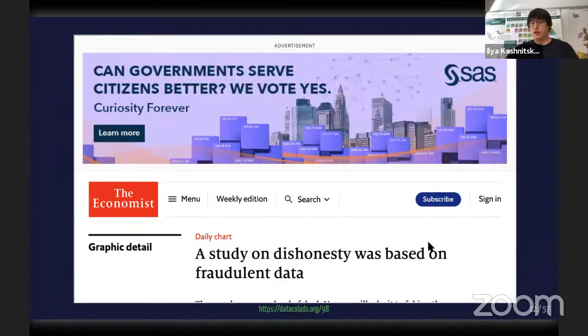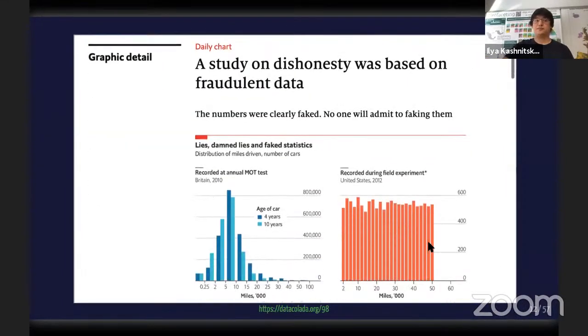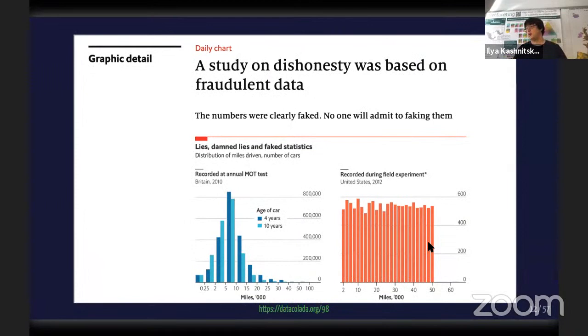And if you follow science, recently you might have noticed there was a lot of noise about one very important paper that relied on faked data, and it was a big scandal with a very hilarious twist in the story, because one of the co-authors of the paper, the one who was responsible for the data, was famous for studying dishonesty.